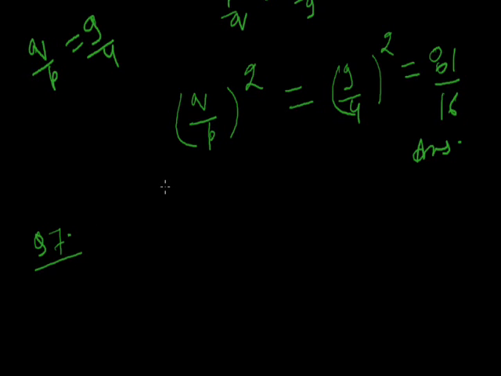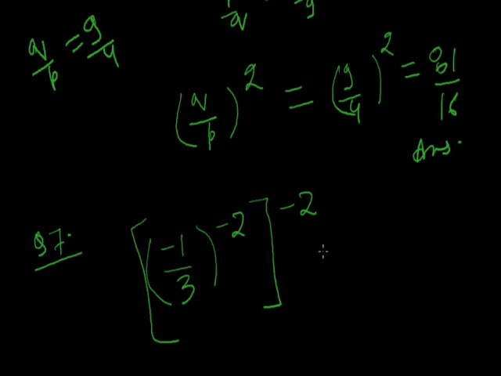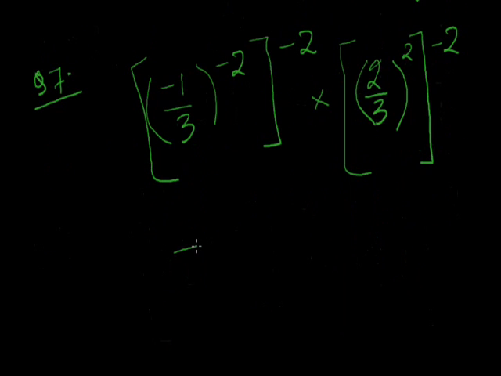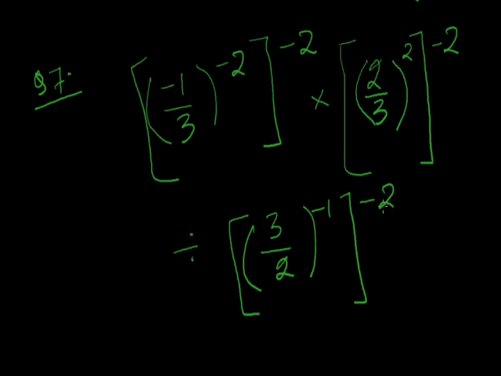The question is the value of (-1 divided by 3) raised to the power -2, the whole raised to the power -2, multiplied by (2 upon 3 raised to the power 2) raised to the power -2, divided by (3 by 2 raised to the power -1), the whole power is -2.